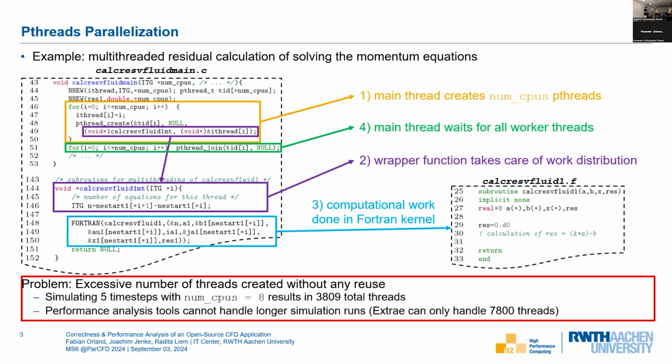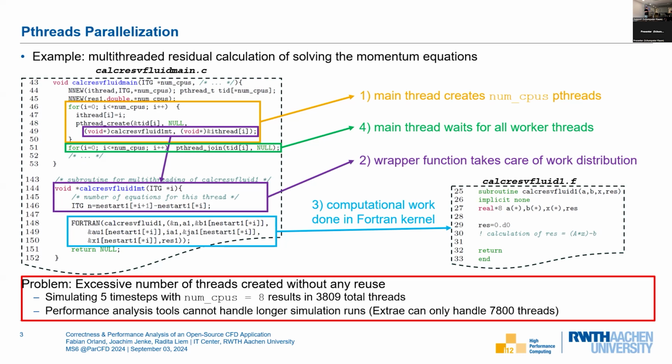For example, when we executed the code and wanted to simulate just 5 time steps using 8 threads, the total number of threads created over the whole runtime was almost 4,000, but at any one point in time only 8 threads are used. So this does not really make sense.